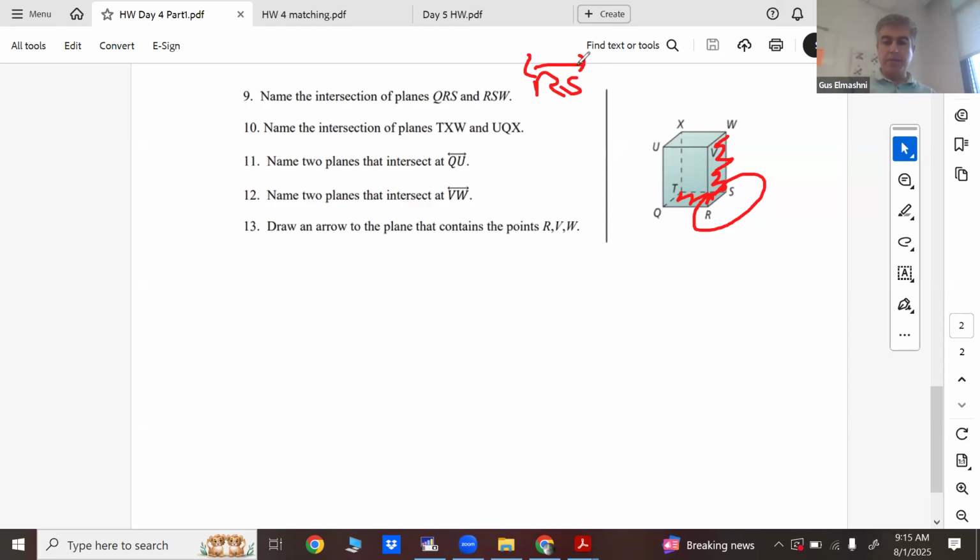For TXW, which is right here, and UQX, BXT.